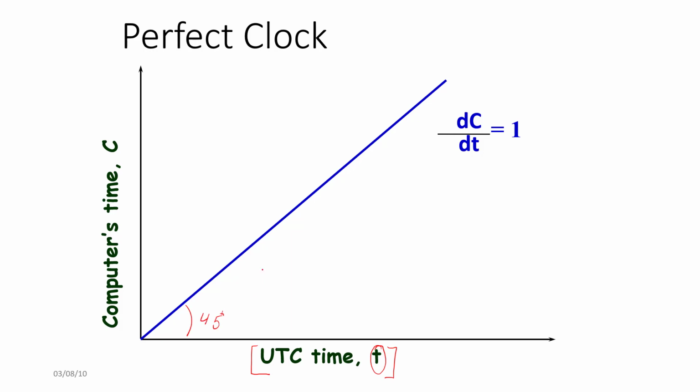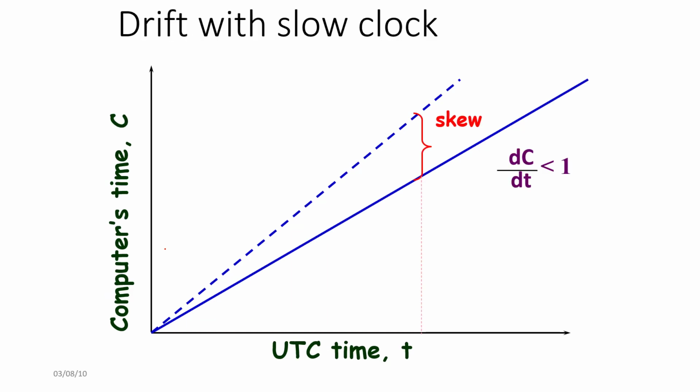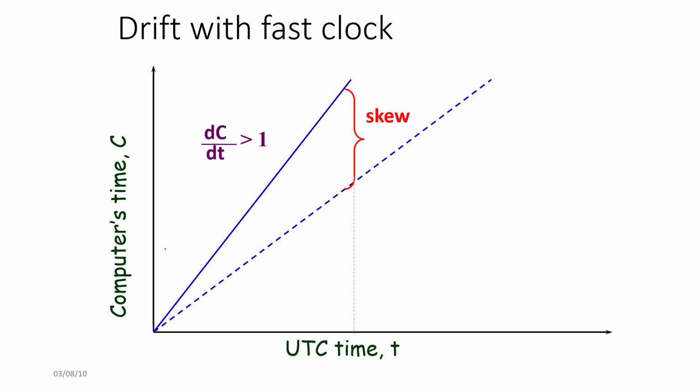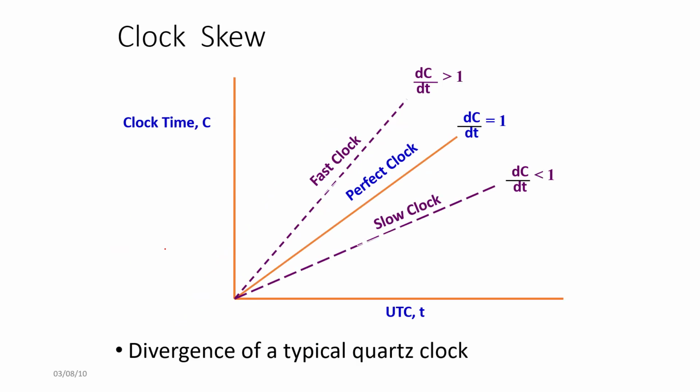If this is not the case, and the derivative of this line is not 1, then this indicates a drift. Say the clock is slow, it would skew in one direction. If the clock is fast, it will skew in another direction. So the perfect clock will have a dC/dt of 1. A slow one will have a dC/dt which is less than 1, and a faster one will have a dC/dt which is more than 1.